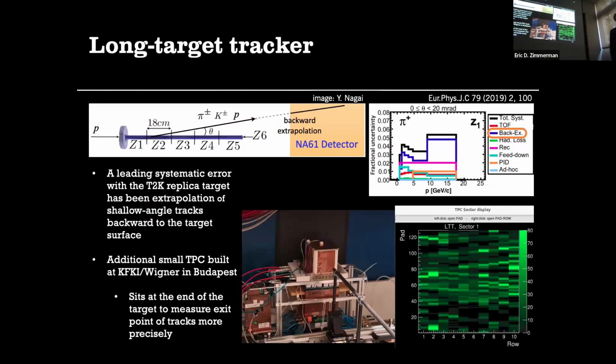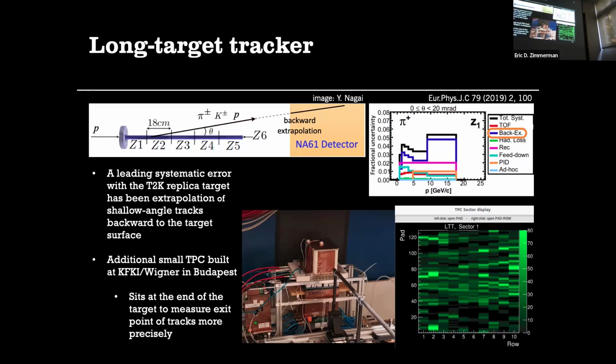In order to do this, we added a new detector to our system, which is a new TPC that sits immediately downstream of the target. The reason we're doing this is because in the T2K replica target analysis, a leading systematic error was the backward extrapolation of shallow angle tracks from the detectors to the target.